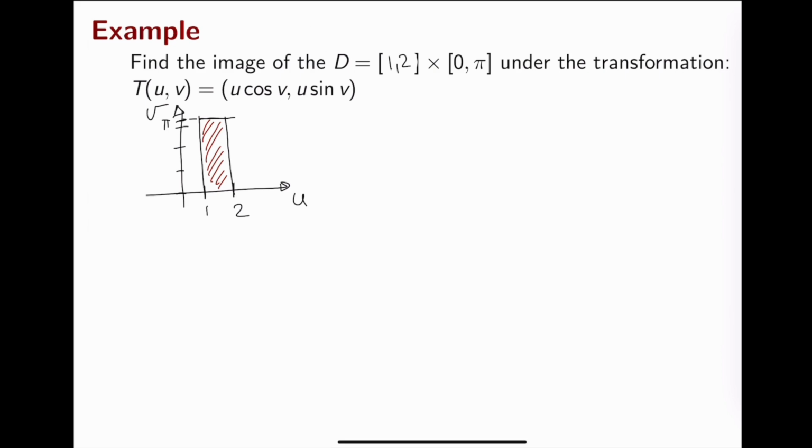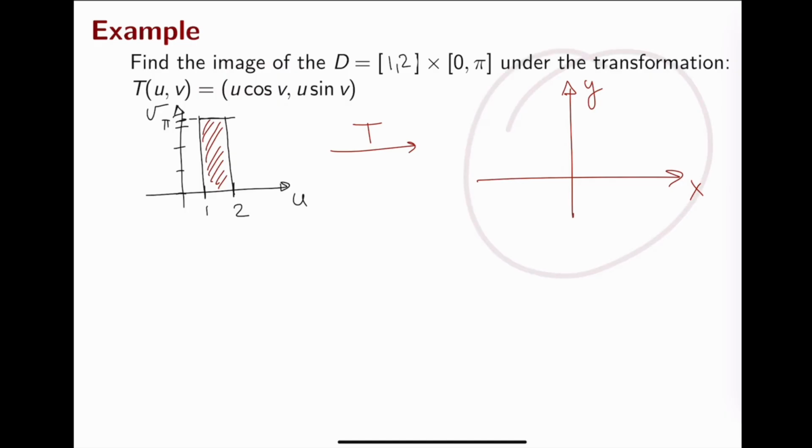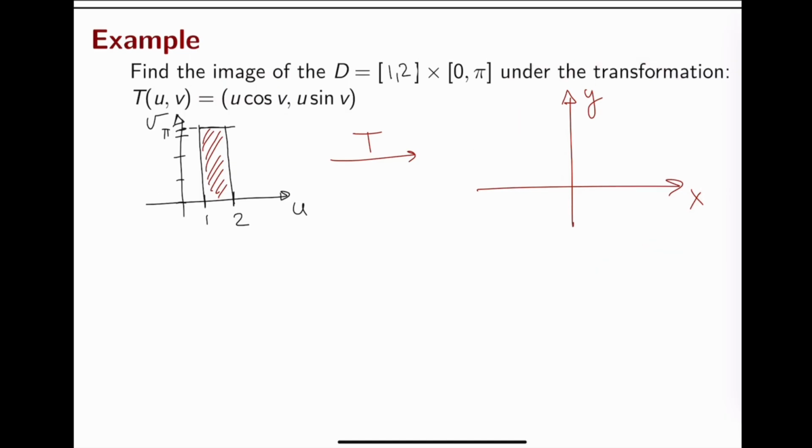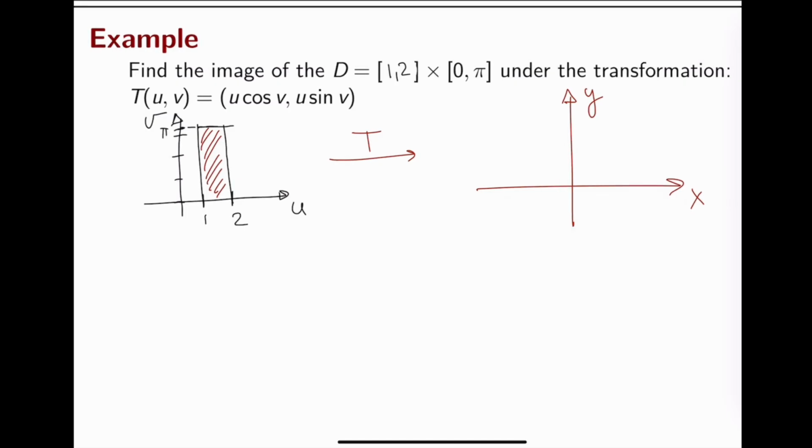But now let's apply the transformation T, which is this function here, and see what this transforms into for the variables x and y. So let's take each of the boundaries here and see how they transform in the xy system. So the first one, for instance, this is a line.